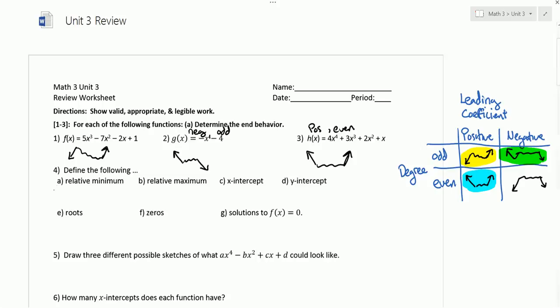A relative minimum is a point where the graph changes from decreasing to increasing, because we go down to the minimum and back up from there.